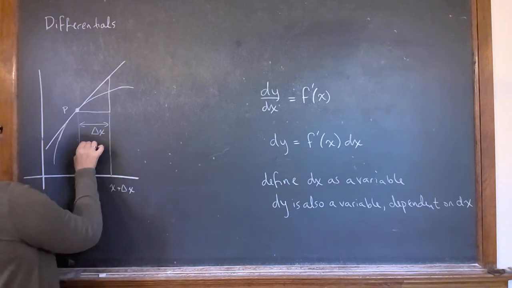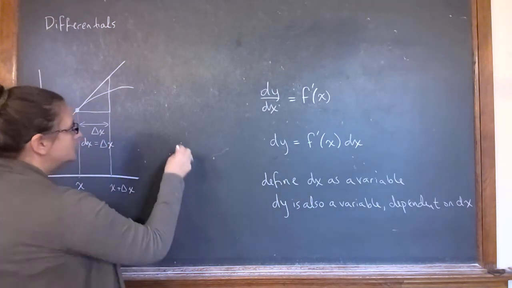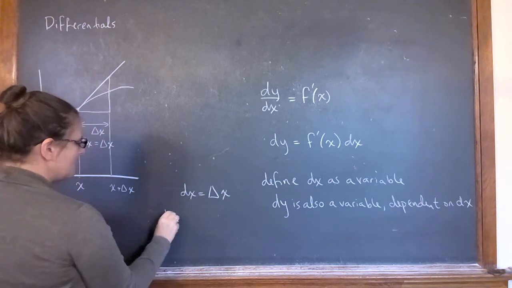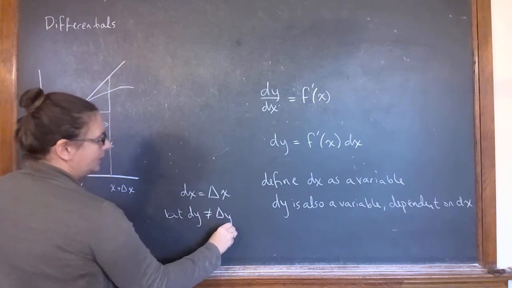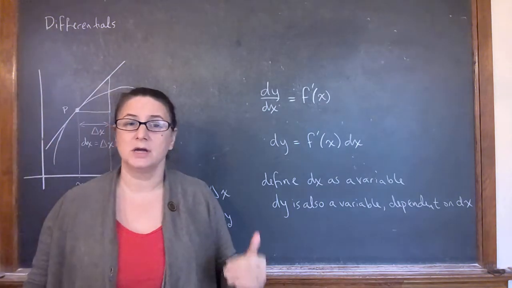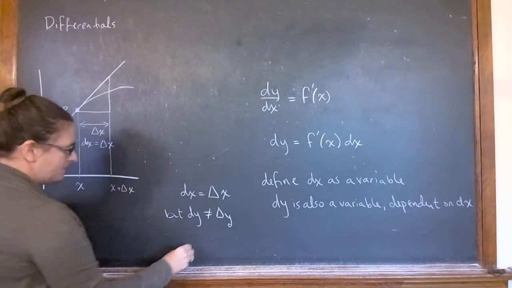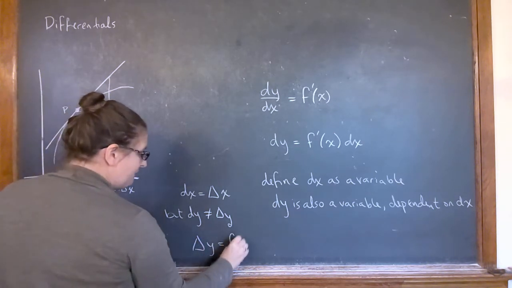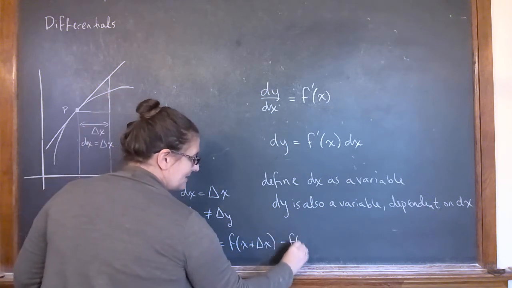We're going to define dx as the same thing as delta x. But dy is not the same thing as delta y. First of all, what's delta y? Delta y is the difference between y here and y there. So delta y is f of x plus delta x minus f of x.